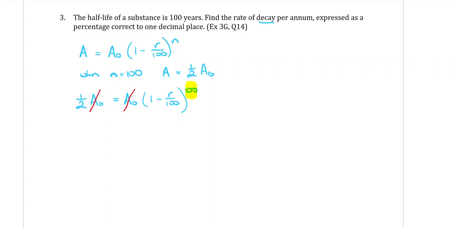The next thing I want to do is to get rid of this power of 100. Now we know the opposite of squaring something is to square root something, the opposite of cubing something is to cube root something. So the opposite of a power of 100 is a 100th root. Yes, that does sound like a very big number to be putting on a root, but that's what we need to do. So we're going to have 1 minus r over 100, that's the bracket, and the power of 100 comes across the other side, and it's going to make a hundredth root of a half.